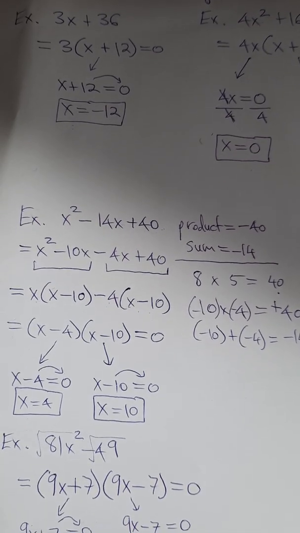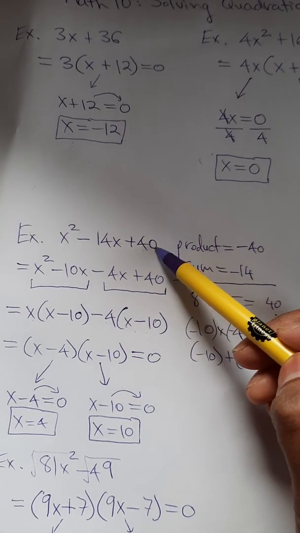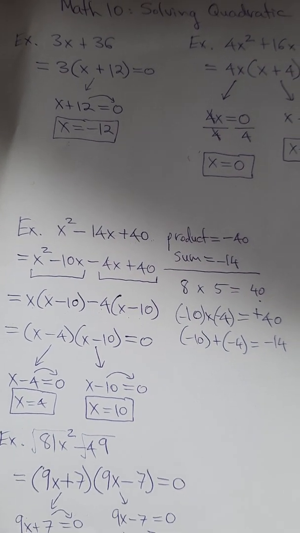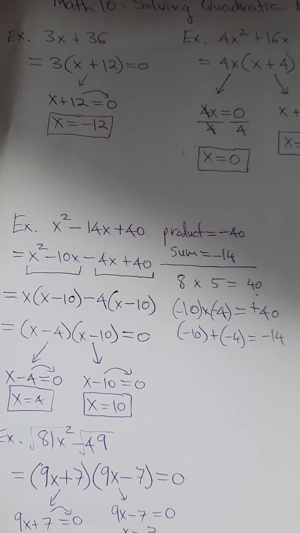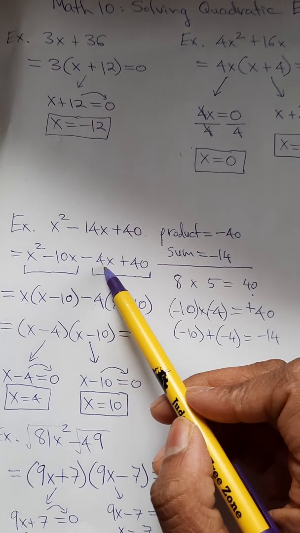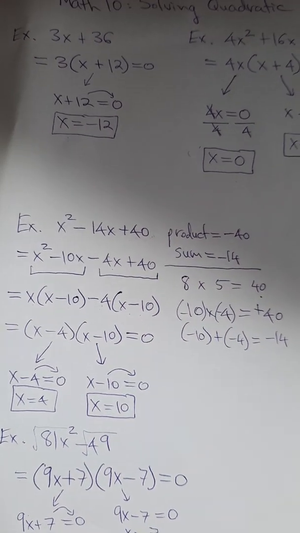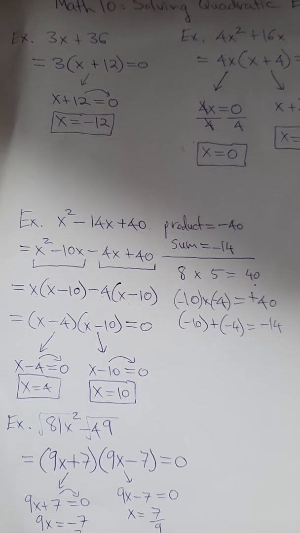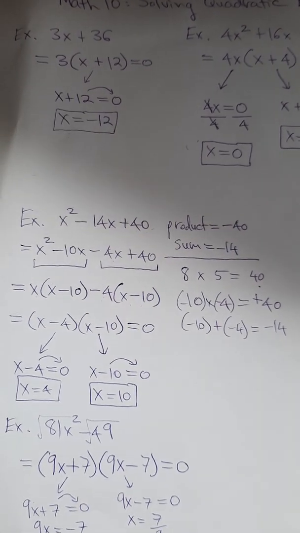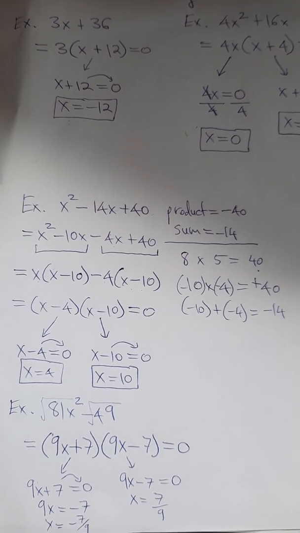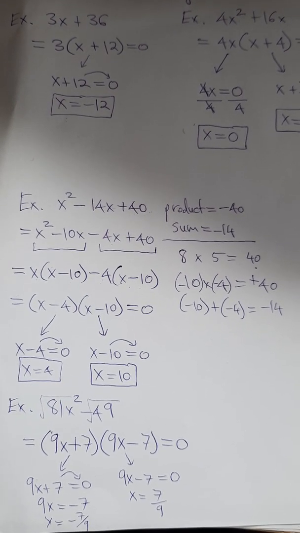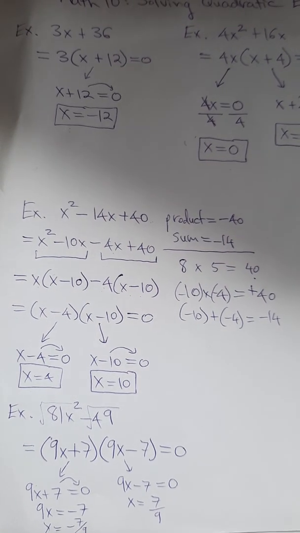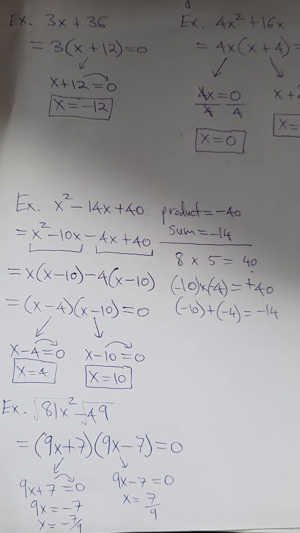If I have a trinomial like the example that we were looking at here, I'm doing the sum and the product, looking for the two factors. And then here I'm just using the decomposition method to find out what the two factors are. Again, make the whole expression equal to 0, and then change the signs in order for you to find the x-intercepts. All right, so that looks good.